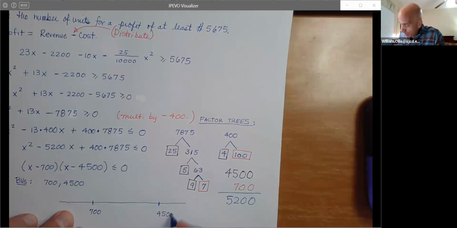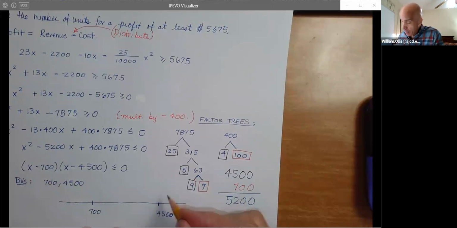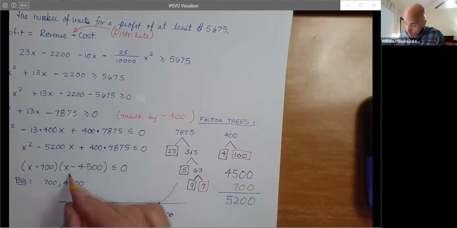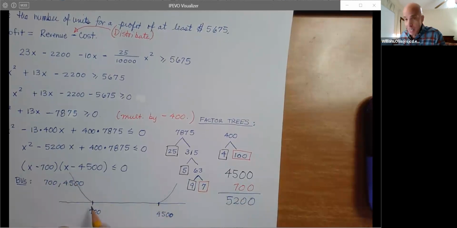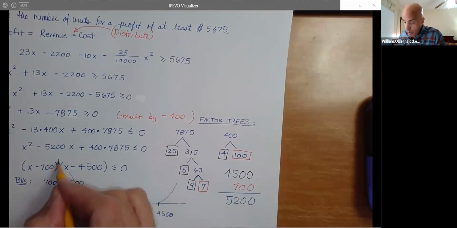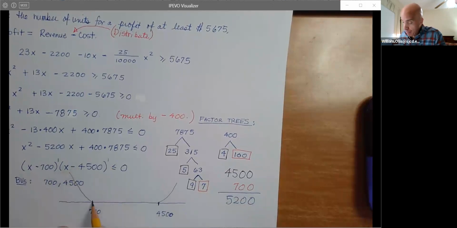So again, if we think about just the fact that we have a quadratic with leading coefficient that's positive, as X gets really big, the graph is always above the X-axis, so it's going to be positive. And same for negative infinity. But at the zeros, because we have multiplicity 1, the sign will change in here, just like we had before.